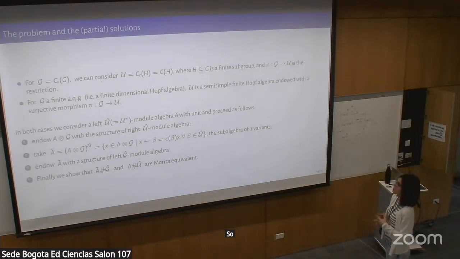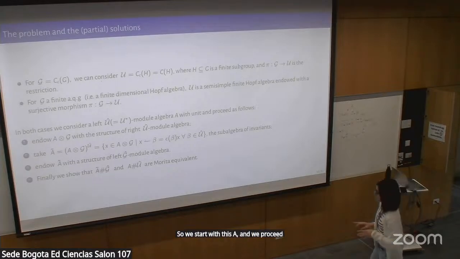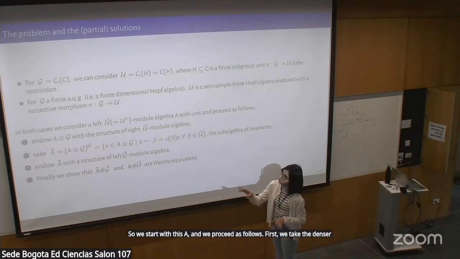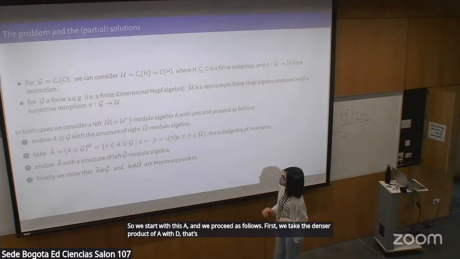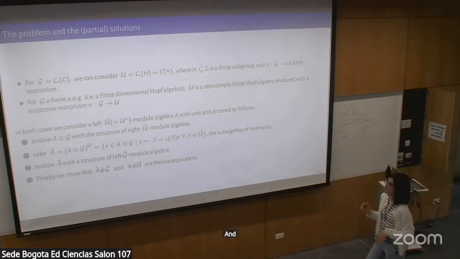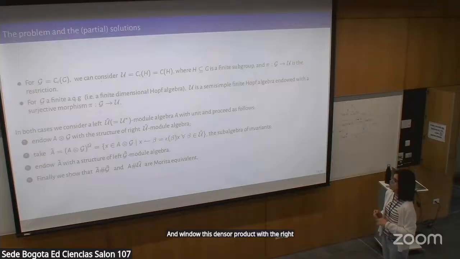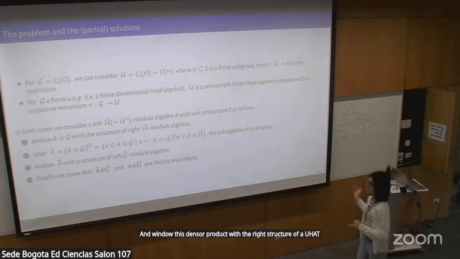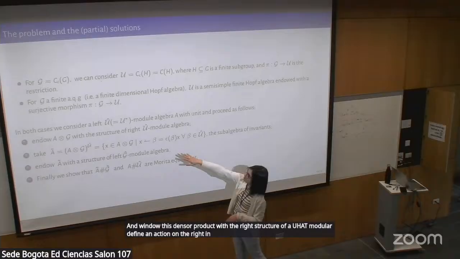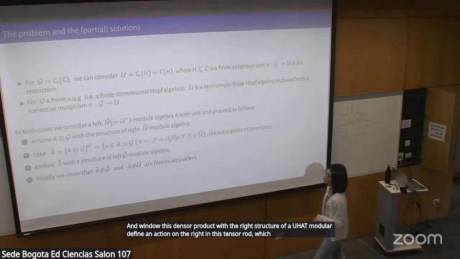So we start with this A and we proceed as follows. First, we take the tensor product of A with D, the algebraic quantum group, and we know this tensor product has the right structure of a U hat module algebra. We define an action on the right in this tensor product, which is a module algebra action.